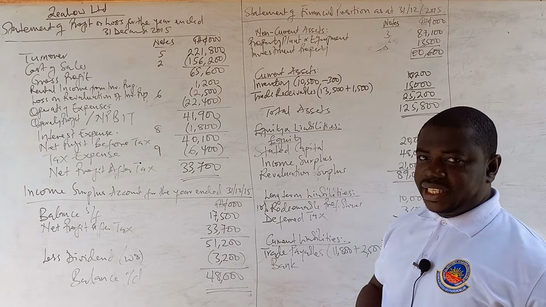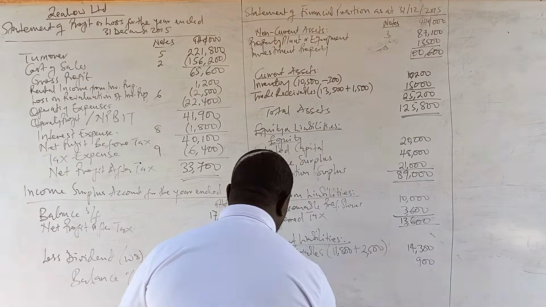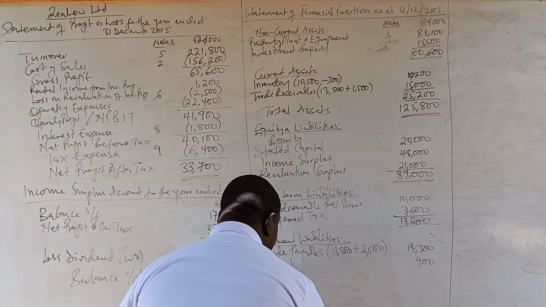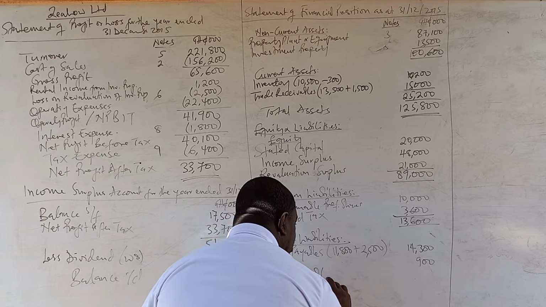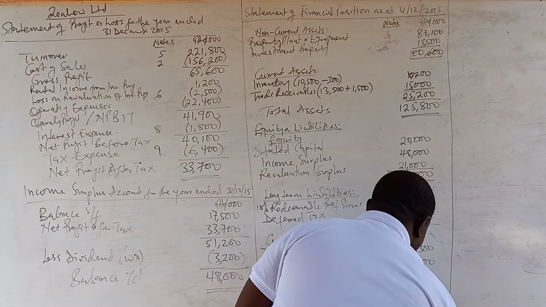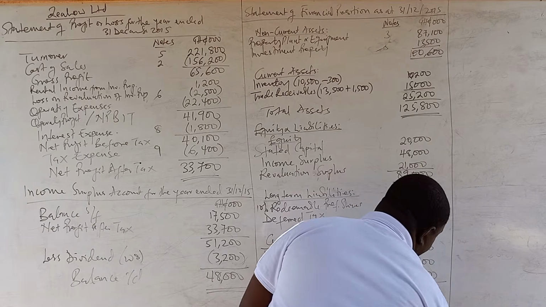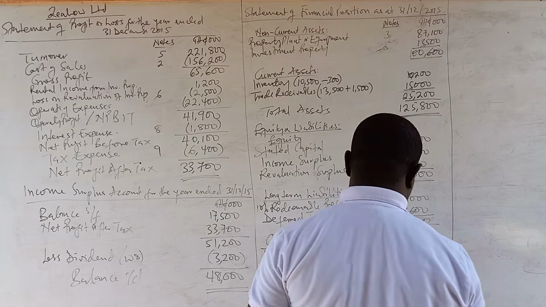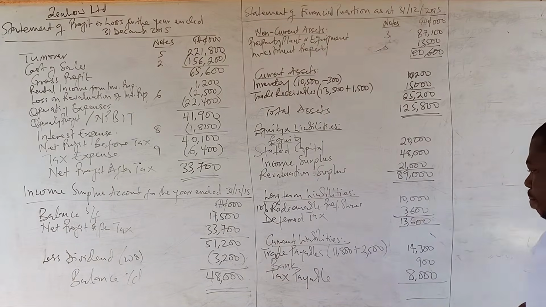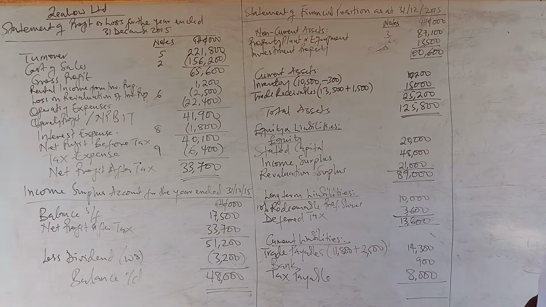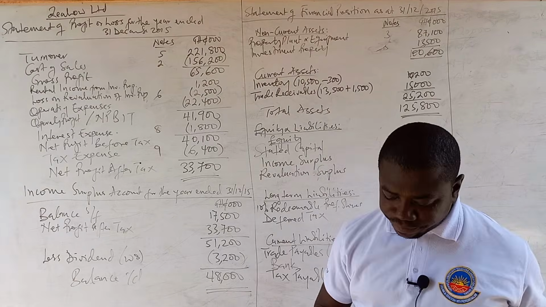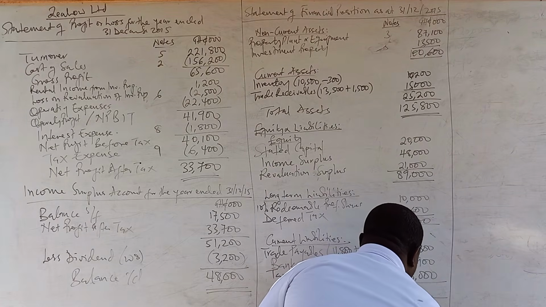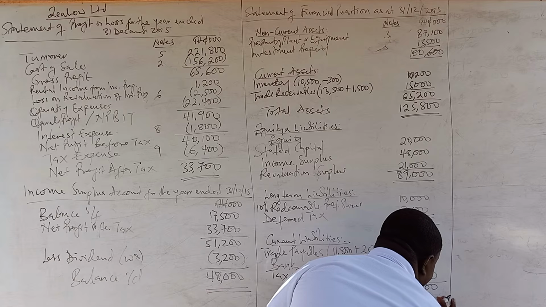Because so far as it's in the additional information, it is not paid. So your tax liability, the tax payable will be the current tax. And that is the 8 million or the 8,000. Never forget to bring your tax liability as long as it has not been paid. Okay? So that is a tax payable. So when we add these three, total current liability becomes 23,200.